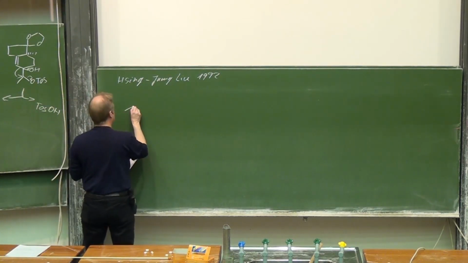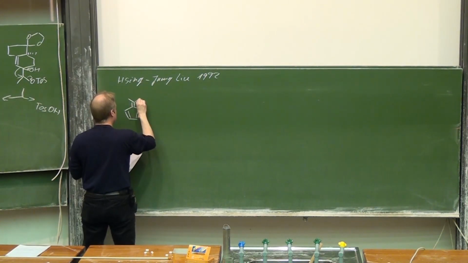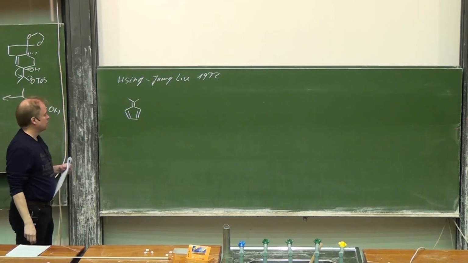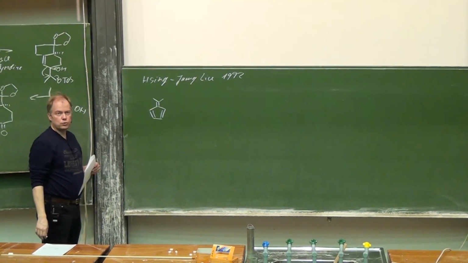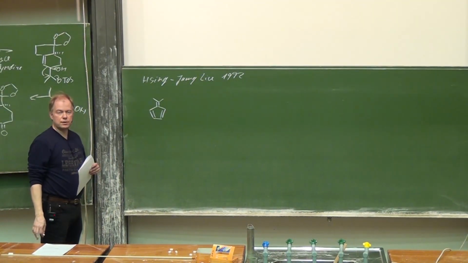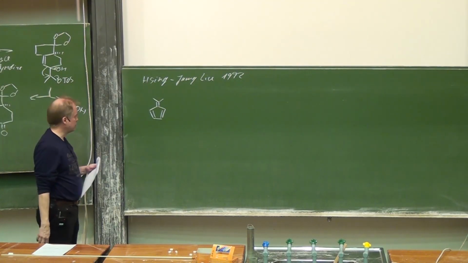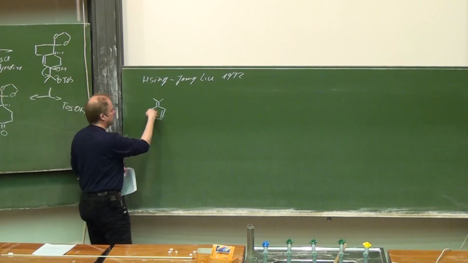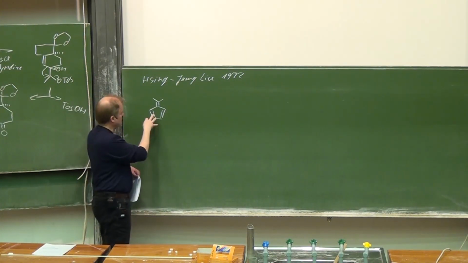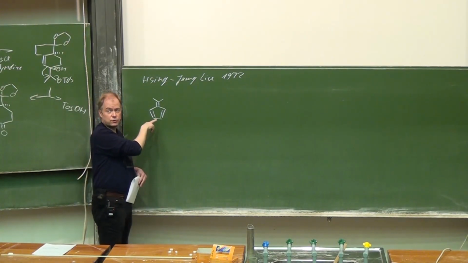So, the Diels-Alder approach was making use of an interesting intermolecular Diels-Alder reaction. Of this structure, well, okay, you can easily get this structure by a condensation process between cyclopentadiene and acetone.